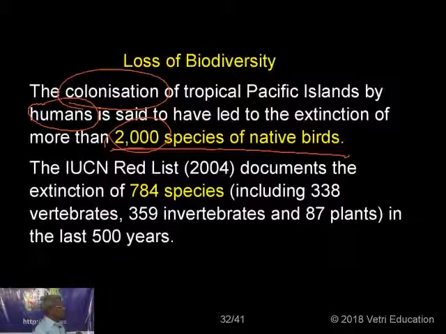The IUCN Red List documents the extinction of 784 species, including 338 vertebrates, 359 invertebrates and 87 plant species in the last 500 years.